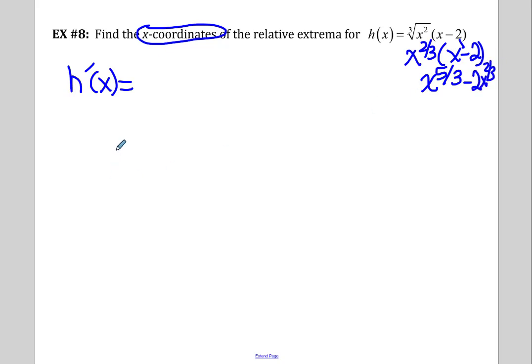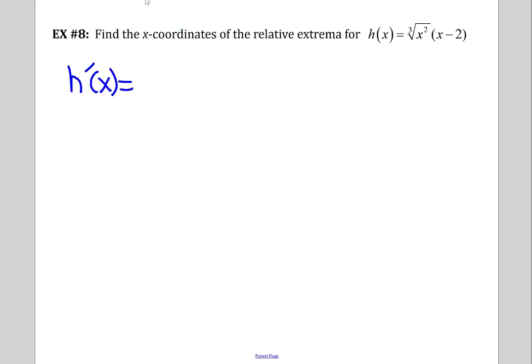I guess we could do it that way. I don't know if that would be faster or not. Give me a minute to work on something here. I think we'll just do the product rule. So we got first derivative times derivative of the second plus the second times the derivative of the first.